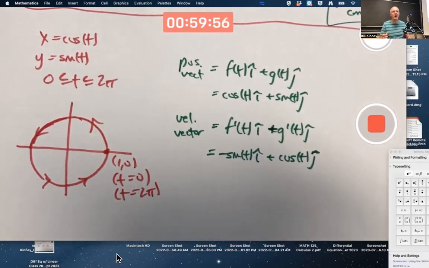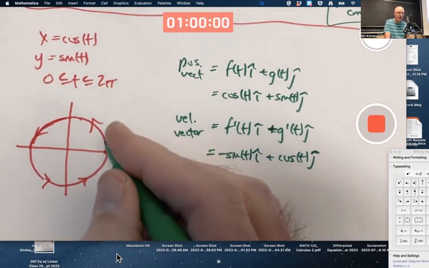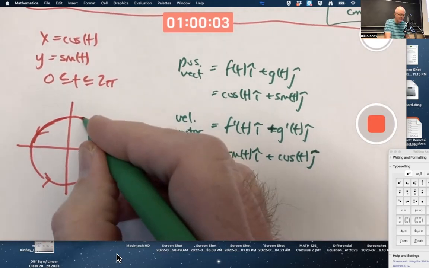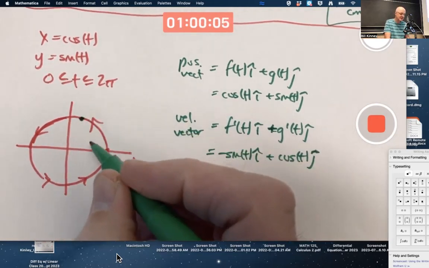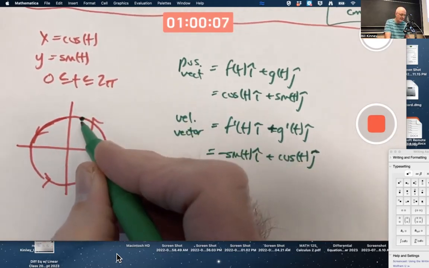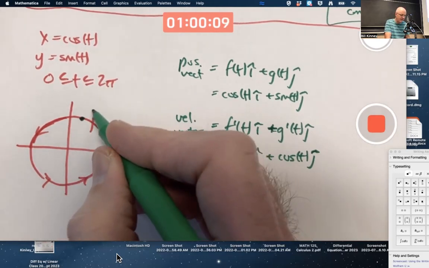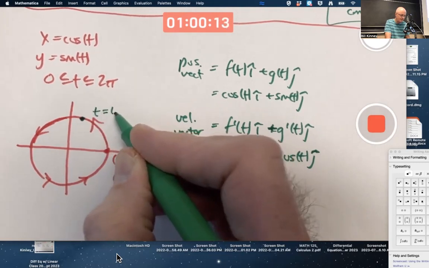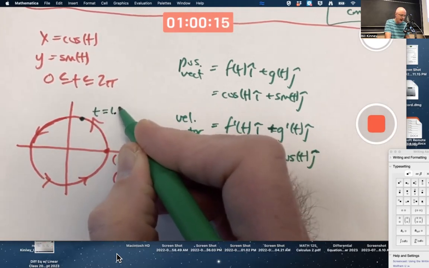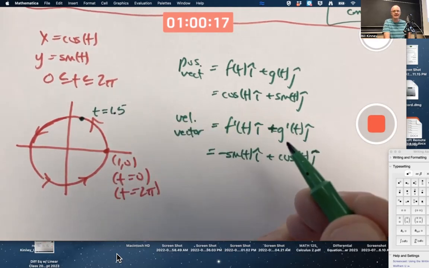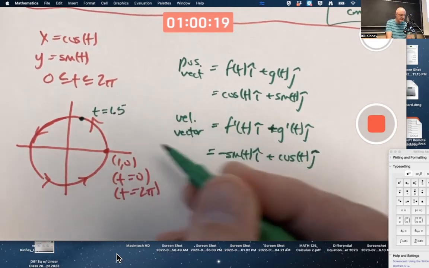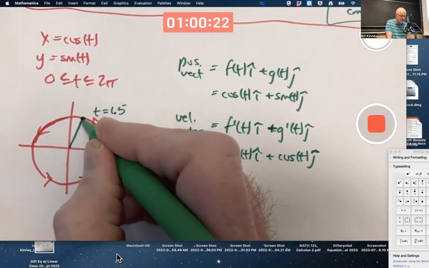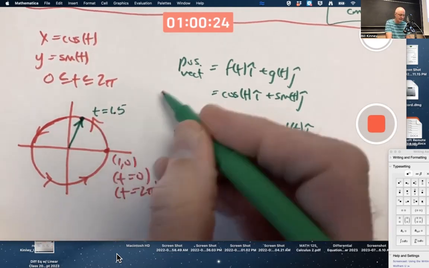It's nowhere and everywhere. You want to draw it at any moment in time to start on the curve. So if we're at a moment in time, say, for example, t equals, I'm going to pick 1.5, a little less than pi over 2 on purpose. The position vector is going to look like that. That'll be the position vector.